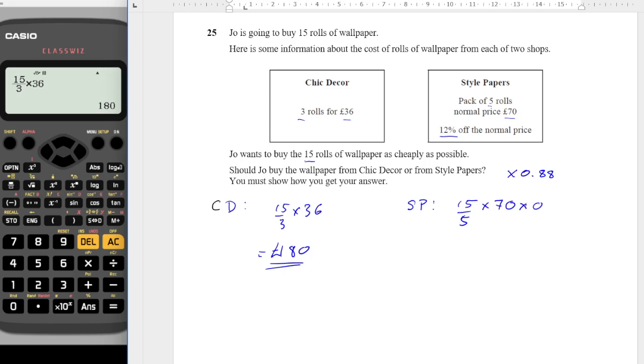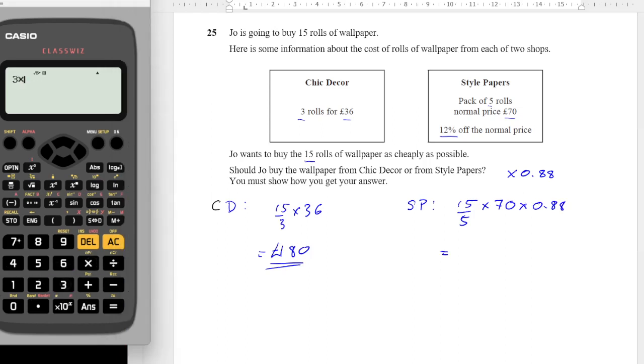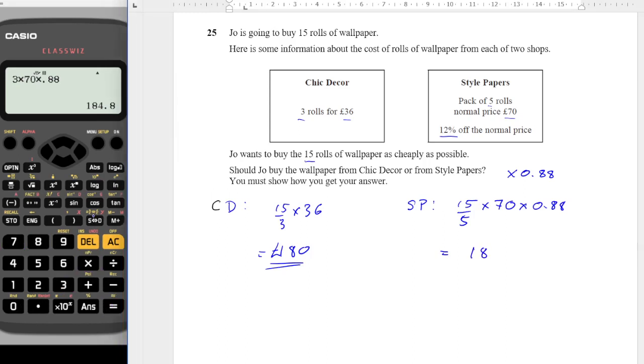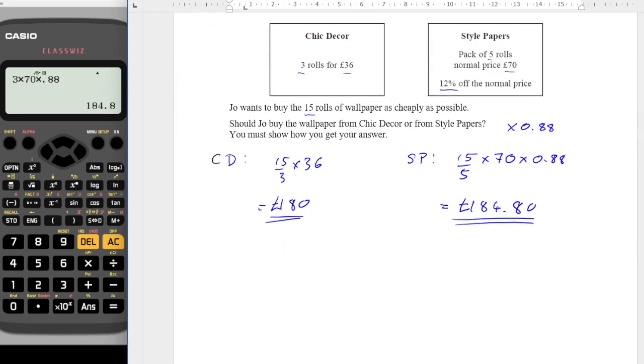So I need to times that by 0.88 to find the actual price. So 15 divided by 5 is going to be 3 times by 70 times by 0.88. So it's going to cost £184.80 from SP. So which one is cheaper?